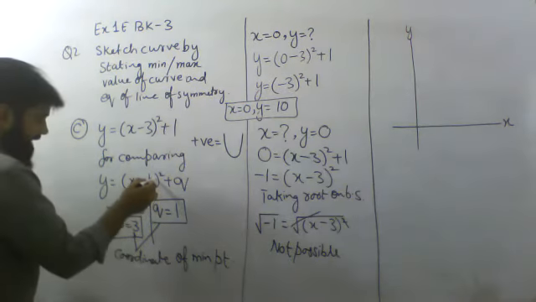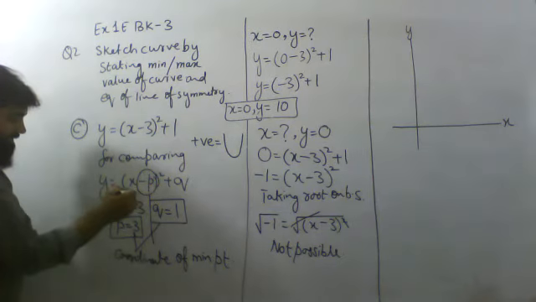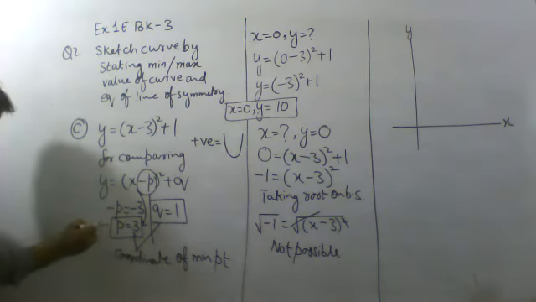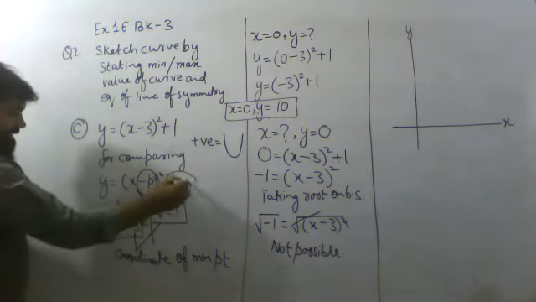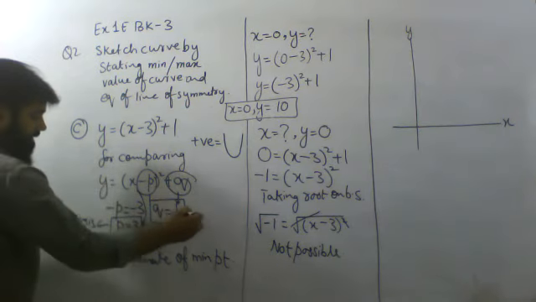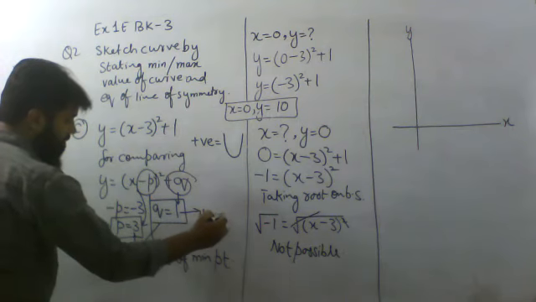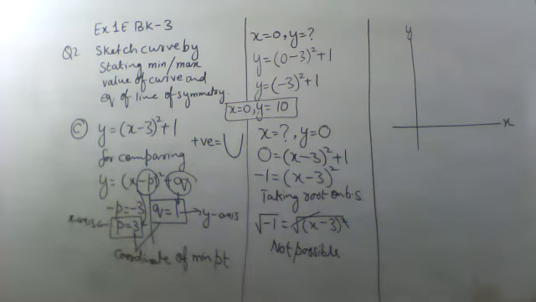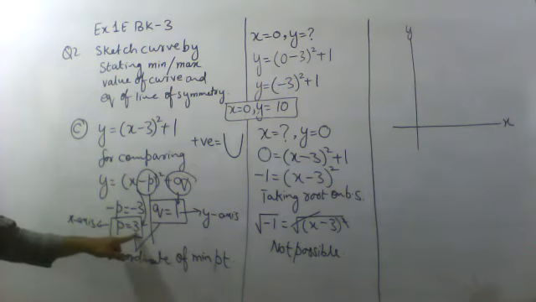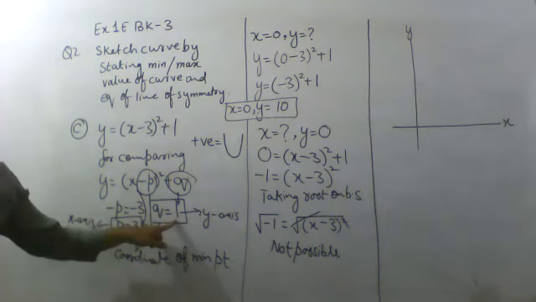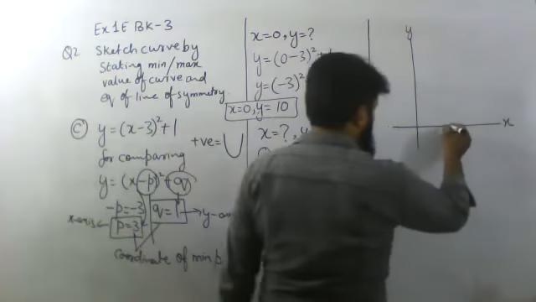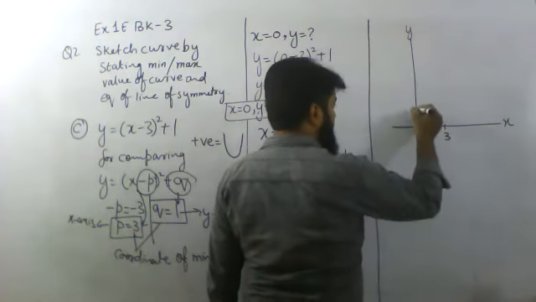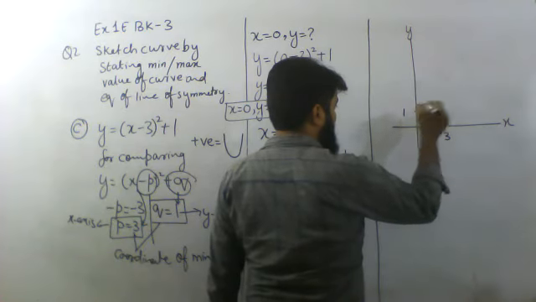Whatever is written inside the bracket represents the x-axis, and whatever is written outside the bracket represents the y-axis. So for x the value is 3 and for y the value is 1. I'm marking x as 3 roughly over here, and y as 1 roughly over here.